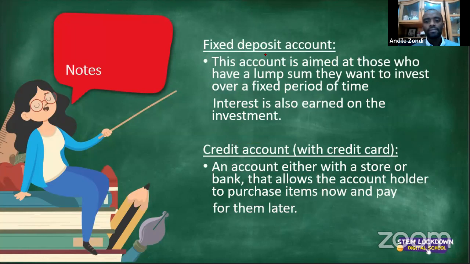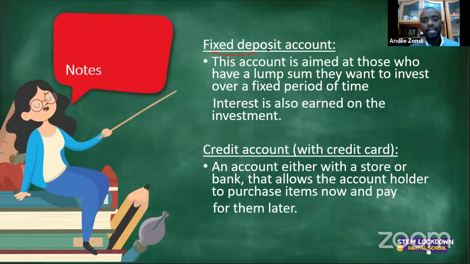Fixed deposit account. This account is aimed at those who have a lump sum they want to invest over a fixed period of time. So if you have a lot of money, maybe 1,000, and want to invest that over a period of time, you'll use a fixed deposit account. Why? Because it earns more interest compared to a savings account.